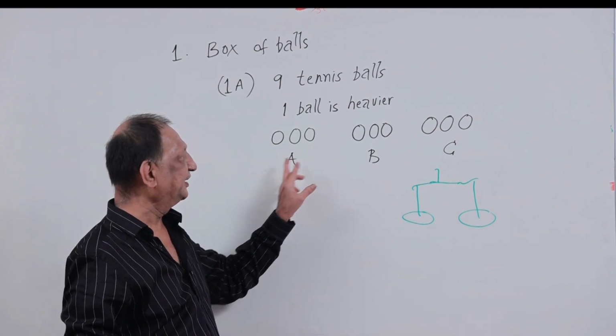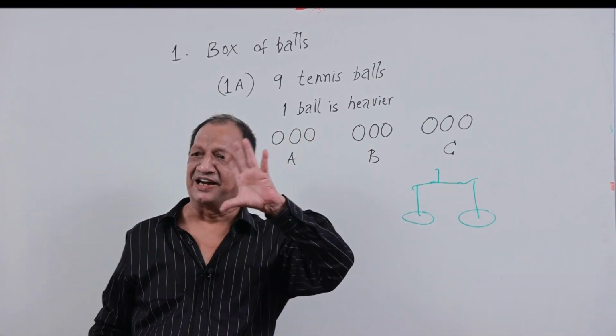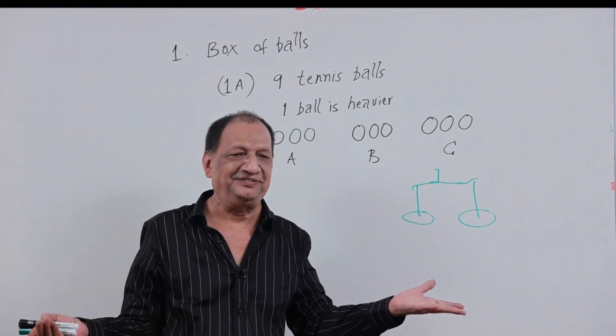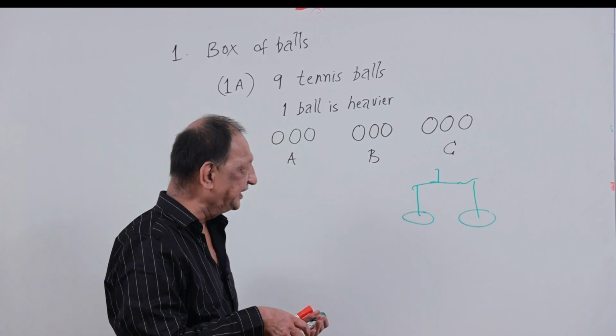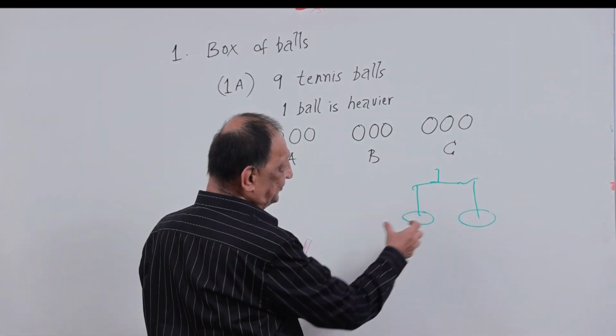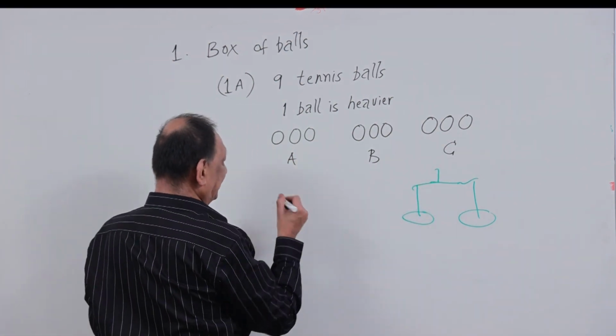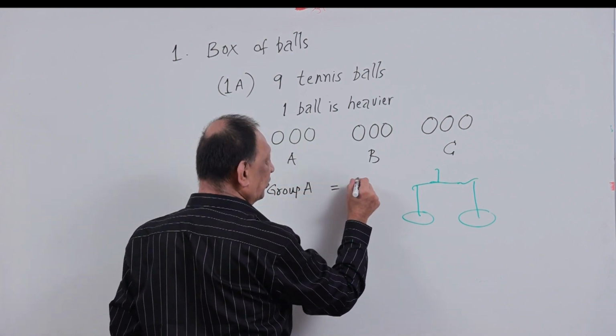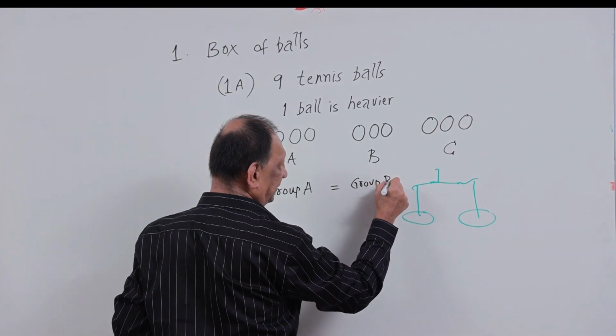Now, if A and B contain all standard weight balls only, what will be the result? They will be the same weight, equal weight. So there are 3 possible answers when you weigh it. Group A total weight is equal to group B is one possibility.